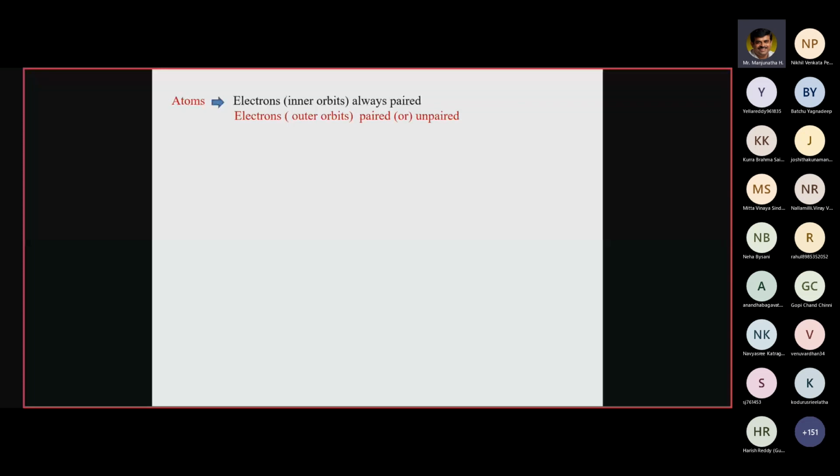I didn't touch the topic because, students, after this class, I will come only as a filler. Once the sir completes the syllabus, then only I will come to this. He finishes 3 modules, then I will come at the end.